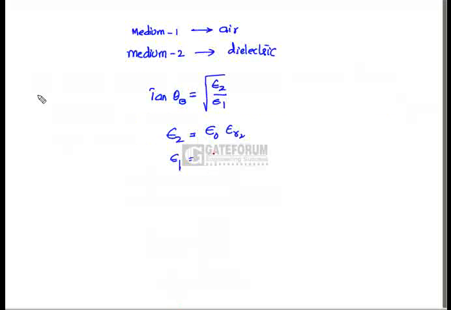Epsilon 1 equals epsilon naught epsilon R1, whereas epsilon R1 equals 1. So tan of the Brewster angle equals the square root of epsilon R2 by epsilon R1.